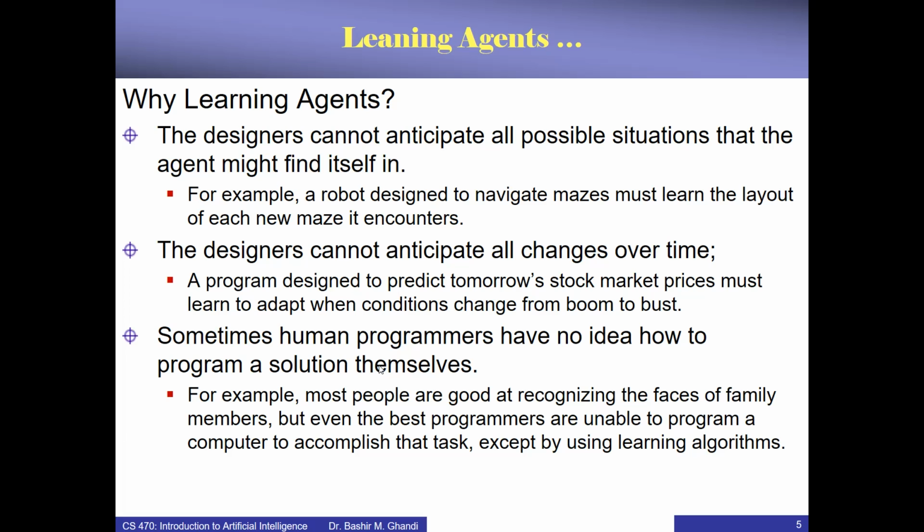This is related to the very important subject of AI, which is called machine learning. Machine learning is one of the most important and fast growing aspects of AI, and some of the things we are going to learn in this lecture and the next are related to machine learning.